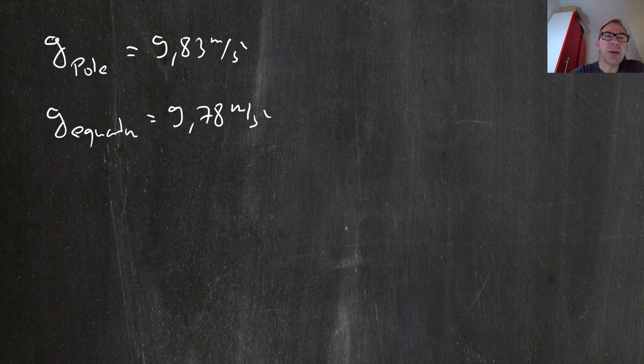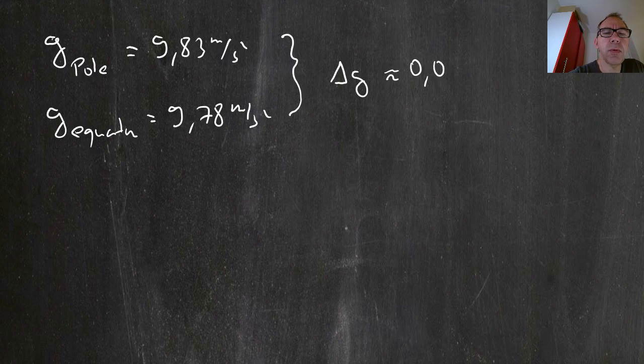These values are really from a measurement of free fall, as we have done in a former experiment in kinematics. And we can see that the difference is roughly 0.05 meters per second squared.